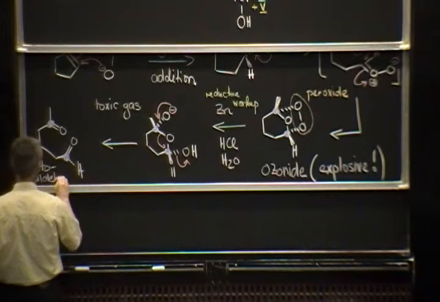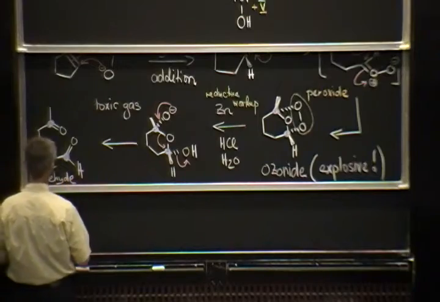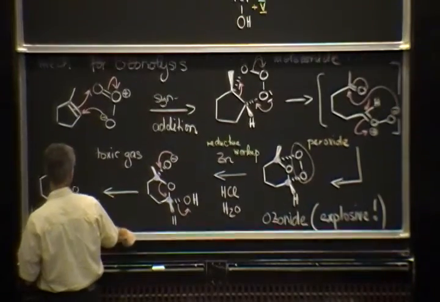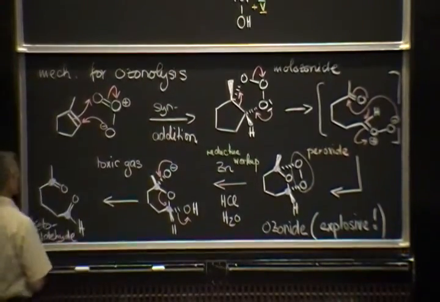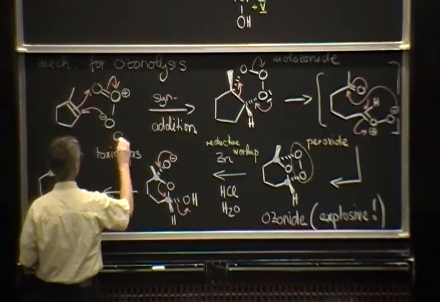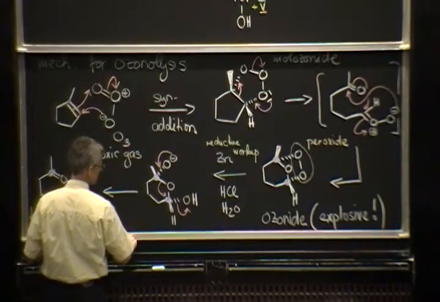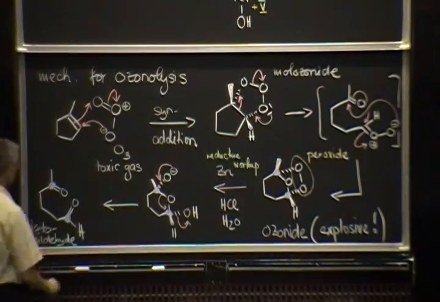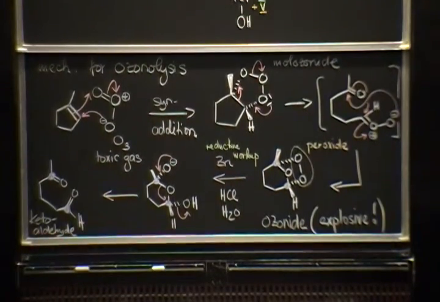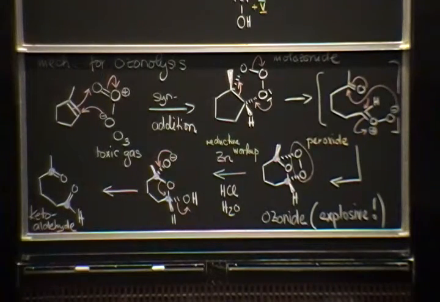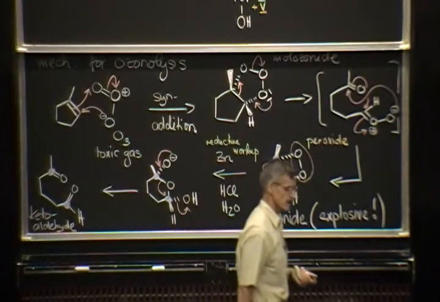And again, these two functional groups are connected only because there is a tether. So there's a tether here of 3 methyl groups that comes from our precursor system, the cyclohexane.